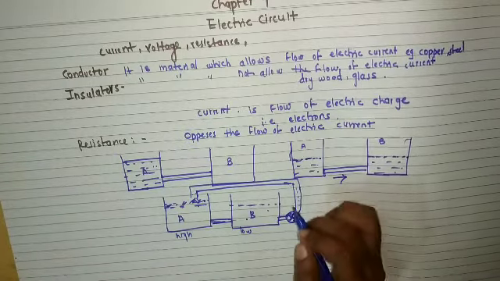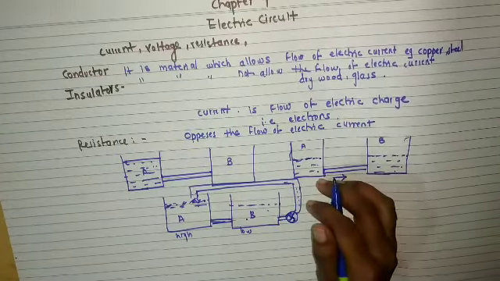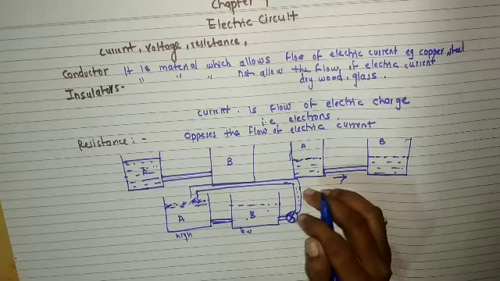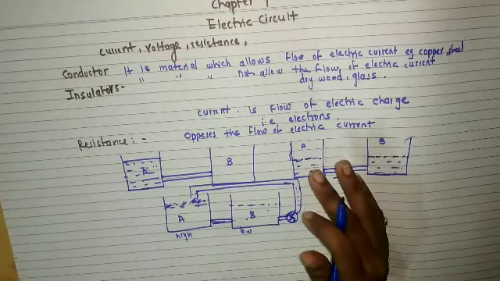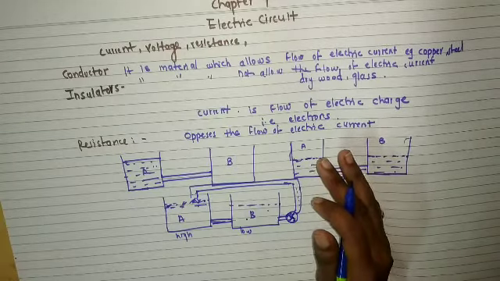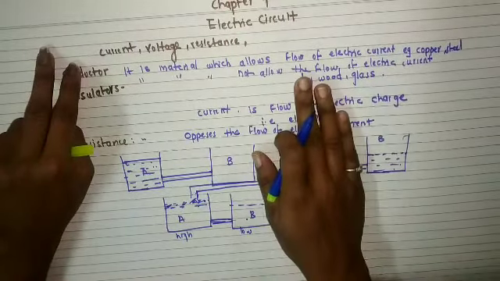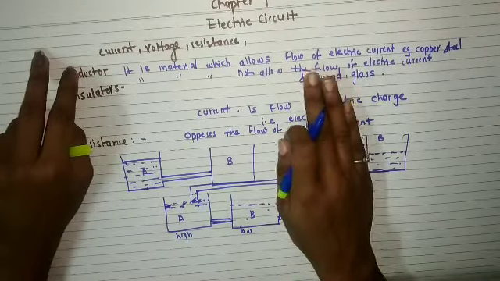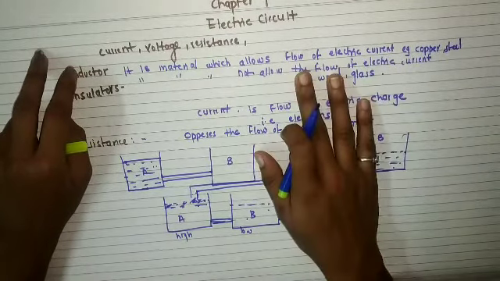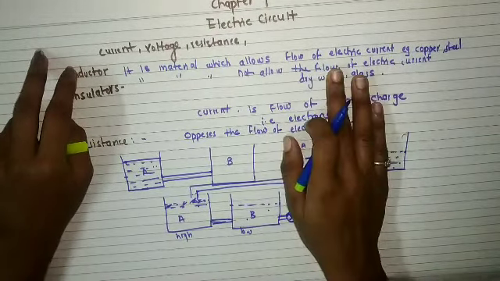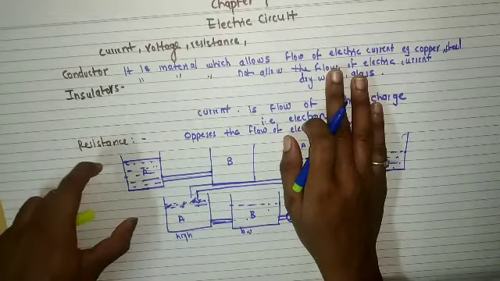If the pump is stopped, no force will be created, the water difference will not be maintained, and flow will stop. So if you have understood this example, we'll see how current flows in conductors by comparing it with this.